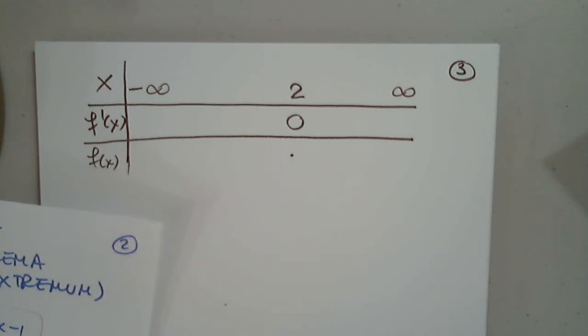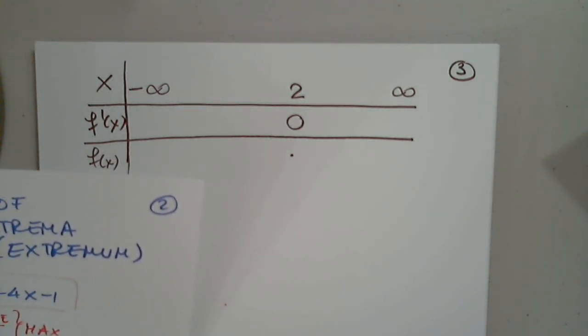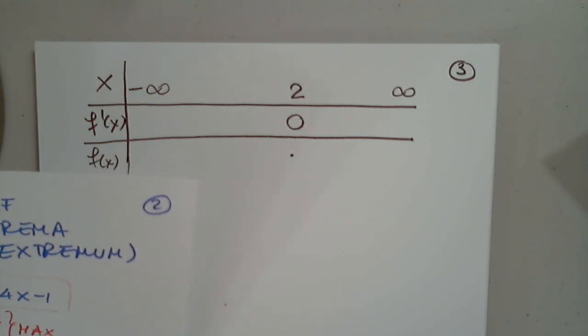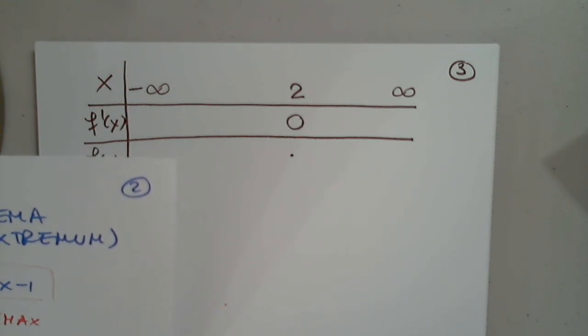Why? Because I need this value for f of x, or f of 2. Okay? So I'm going to share my screen. So let's do this. Where is my, okay, here it is, in y equals. So clear everything you have. Let's enter this function. And I have in parentheses, please, 1 divided by 3. Close the parenthesis. Then we have x cubed, and then minus 2x squared, and then plus 4x, and then minus 1.